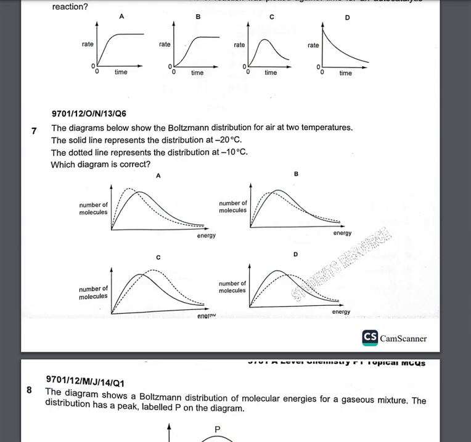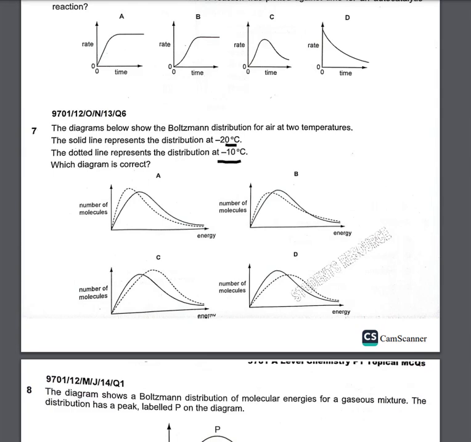So question number 7. The diagram shows the Boltzmann distribution of air at two temperatures. The solid line represents the distribution at -20 and the dotted line represents a distribution at -10. Which diagram is correct? This is a piece of cake, literally. Why?